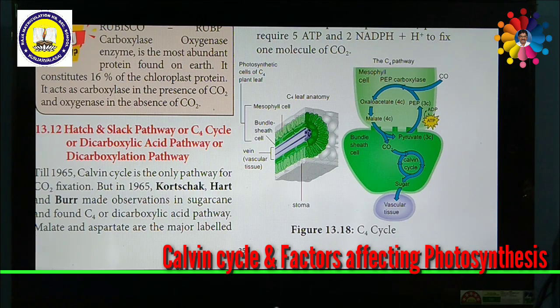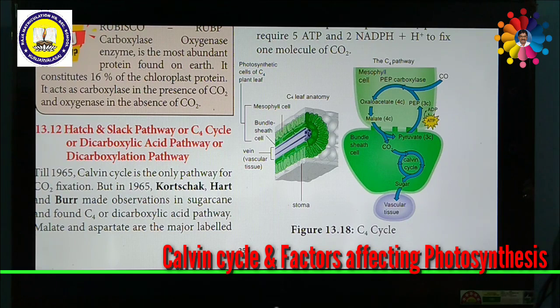So Hatch and Slack, the 2 scientists who studied some of the plants, observed one more pathway. After fixation of carbon, the first stable product is a 4 carbon compound. That is why these are called C4 cycle.